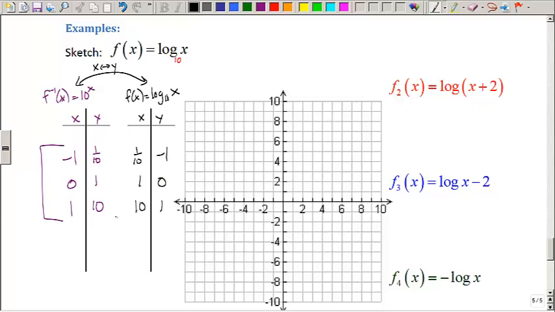Notice that I interchanged the x and the y values to get 3 key points. I know on my exponential function I have a horizontal asymptote at y equals 0. That means on my logarithmic function I have a vertical asymptote at x equals 0, or the y-axis.